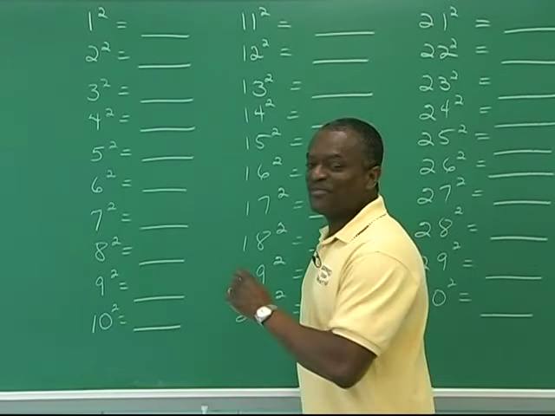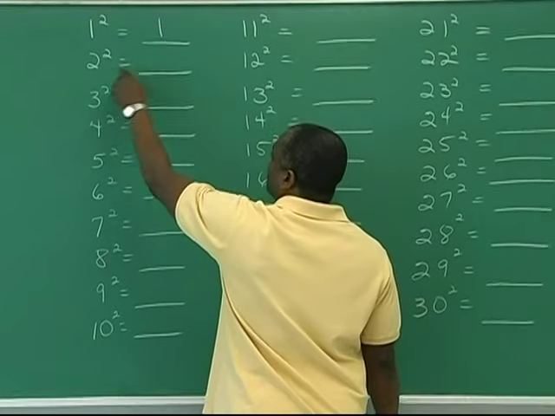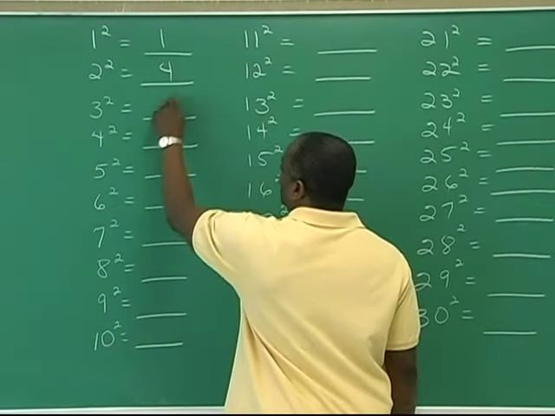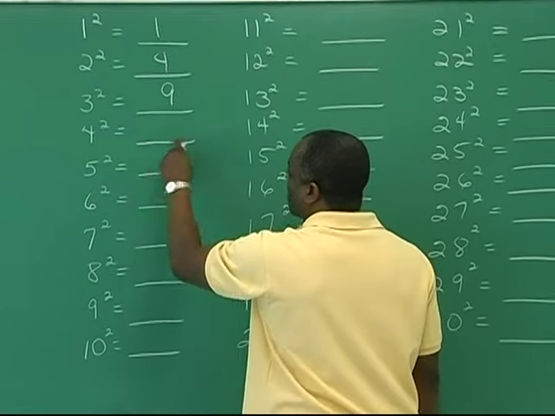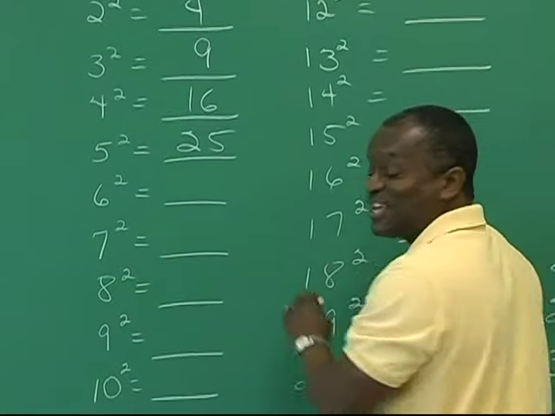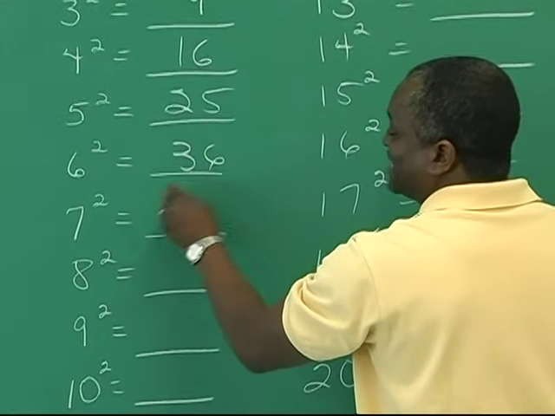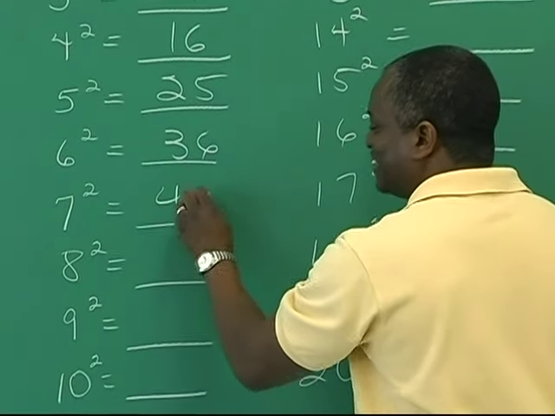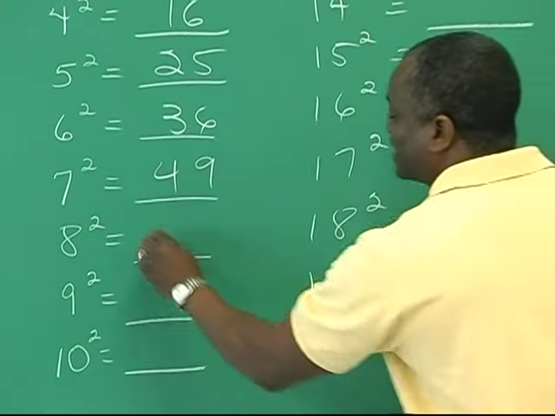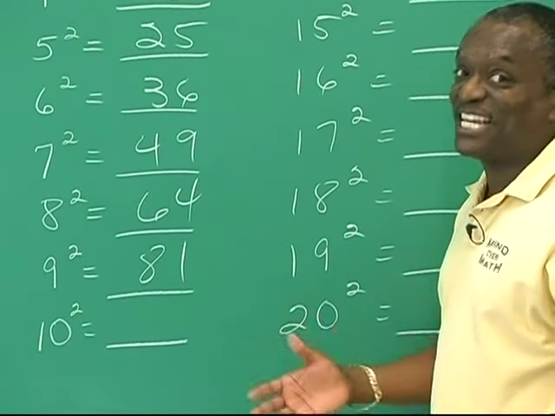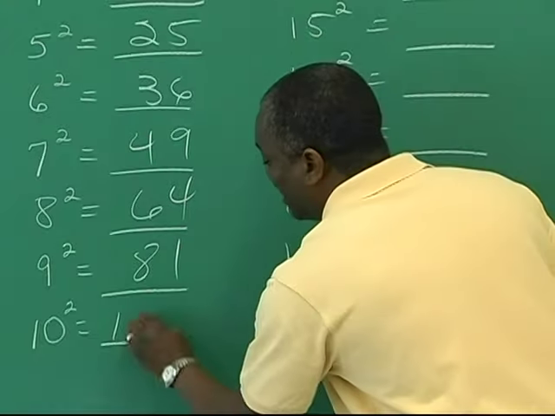Sure you do. For example, 1 squared is 1, 2 times 2 is 4, very good. 3 squared, 9, everyone knows that. 4 squared is 16, 5 squared, 25, 6 squared we know is 36, 7 squared, right, 49, very good. 8 squared is 64, 9 squared is 81, and 10 times 10 we know is 100.